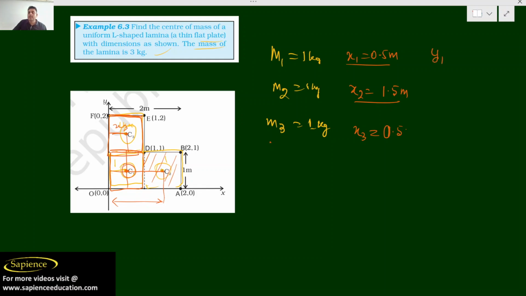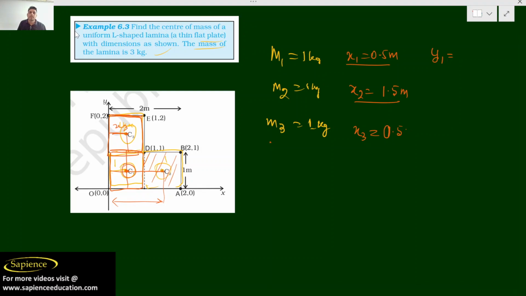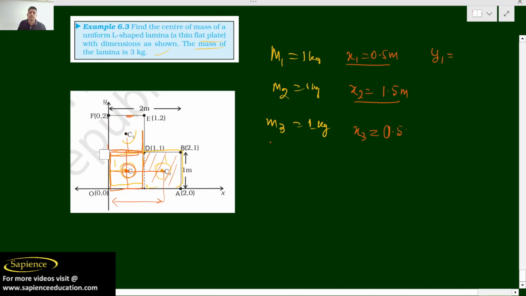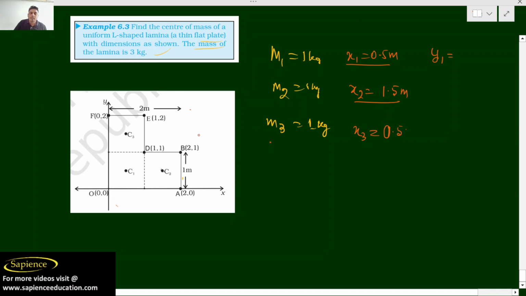Now if you want to find y1, y1 means this distance.